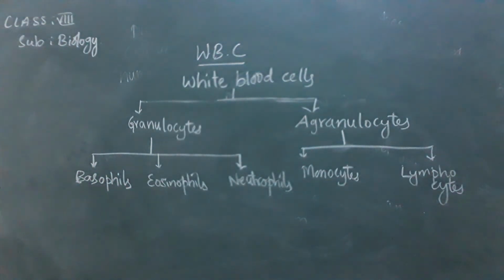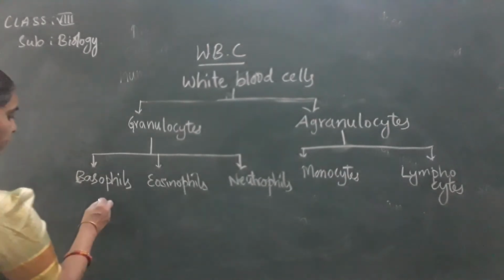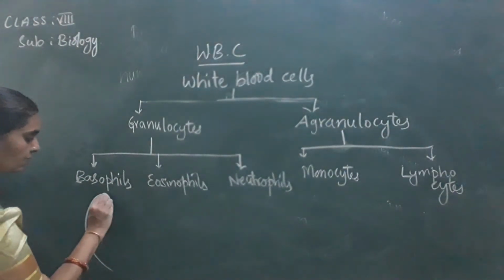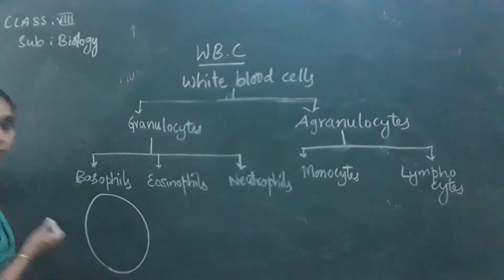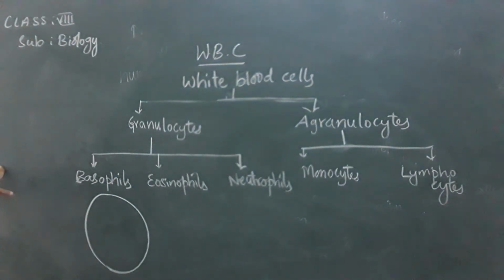So the first one is basophils. Basophils have a bilobed structure. See here carefully. This is the cell structure of the basophils.